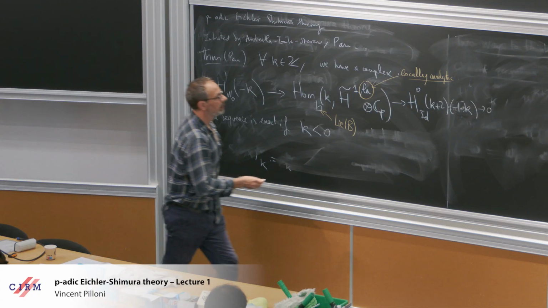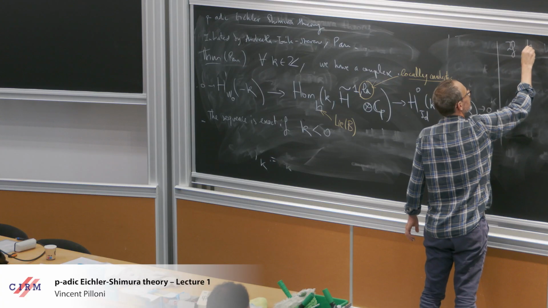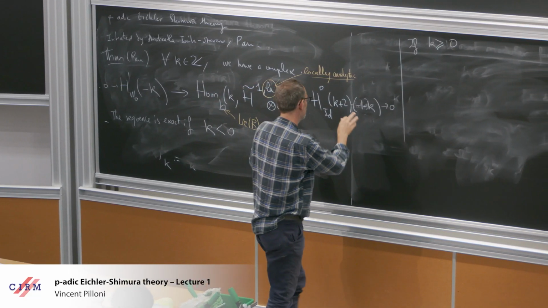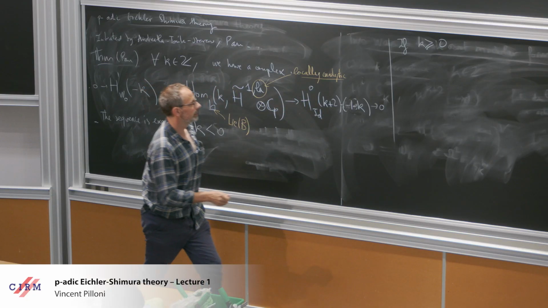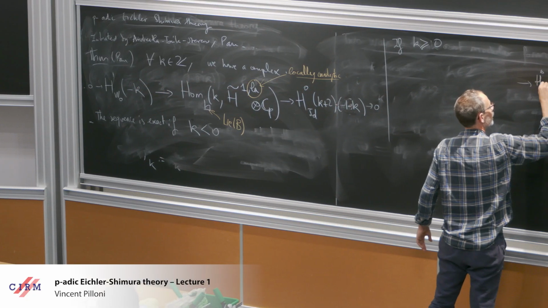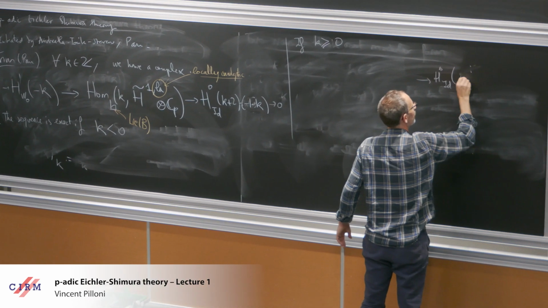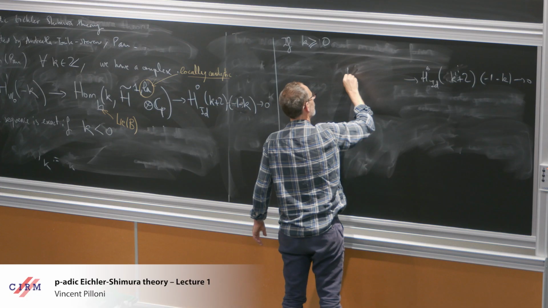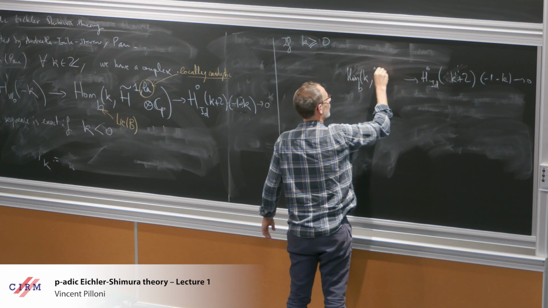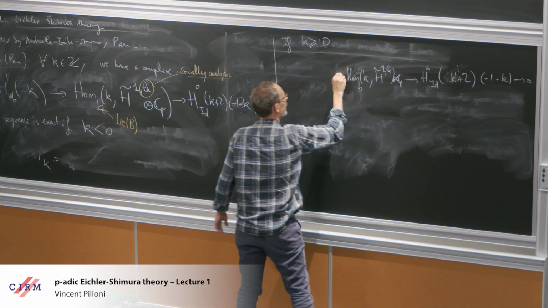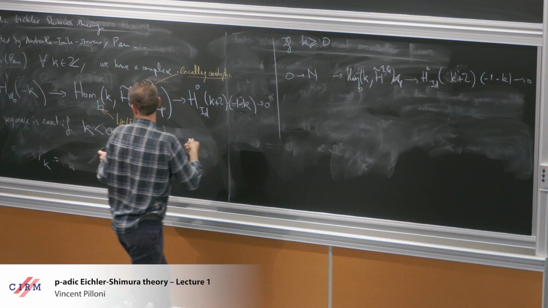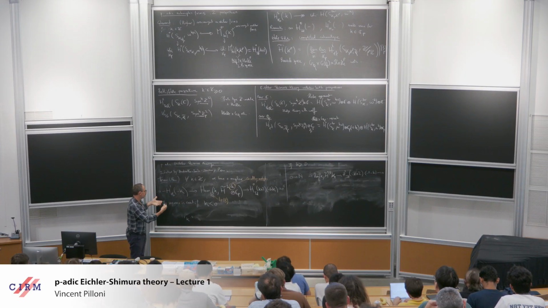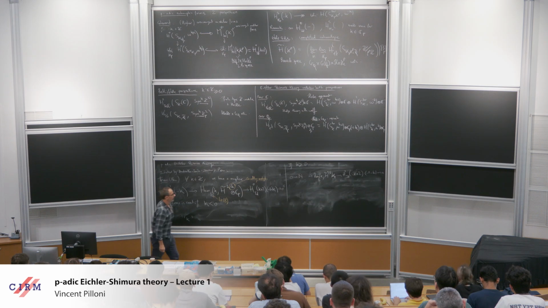And now, on the contrary, if k is bigger than 0, then this map is still surjective, so we actually have a space N, and N is very similar to this higher Coleman theory, but it has the same Jordan-Hölder factors in the opposite order. Yep.